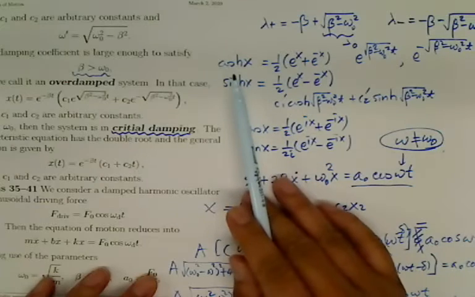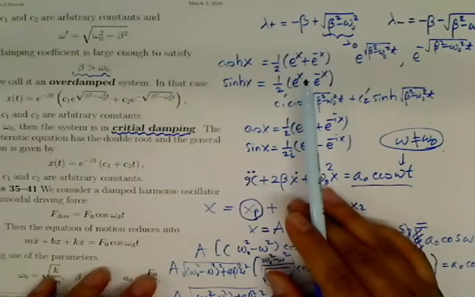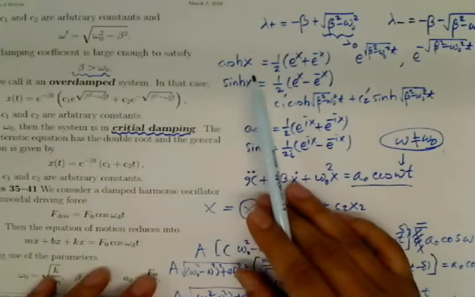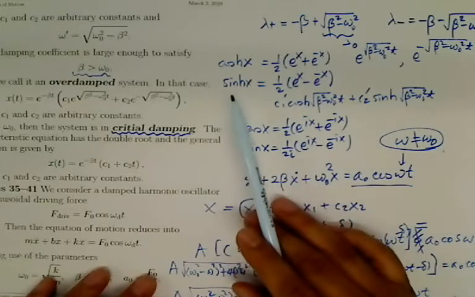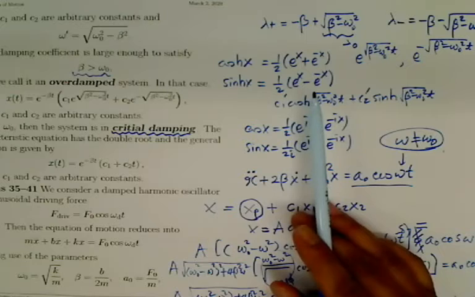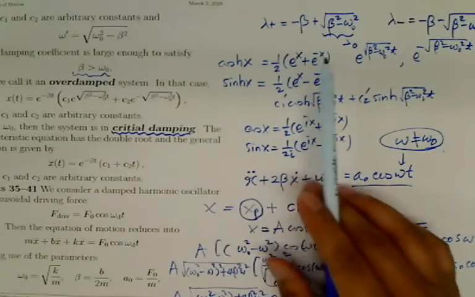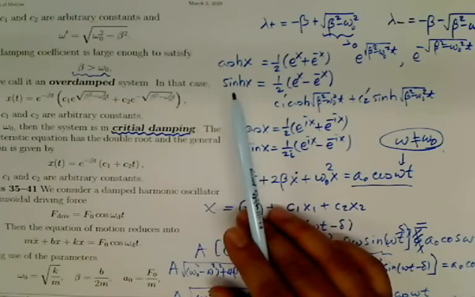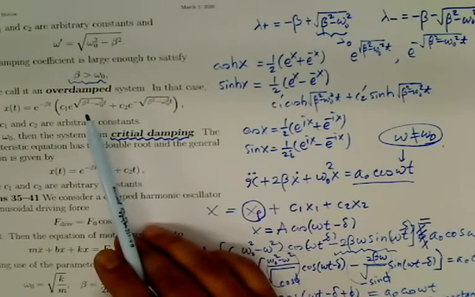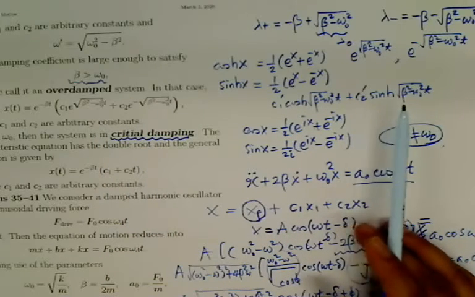We can recall the fact that the cosine hyperbolic function is an average of exponential x and exponential minus x. This is an even function, and the sine hyperbolic function is the difference of exponential x and exponential minus x divided by 2. By making use of these definitions, we can re-express the two exponential terms in terms of the cosine hyperbolic function and sine hyperbolic function.